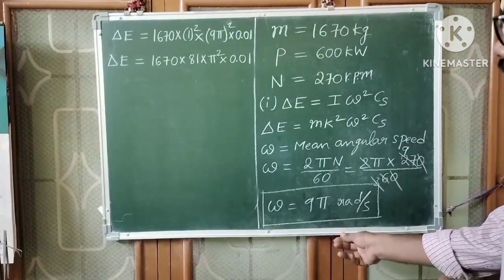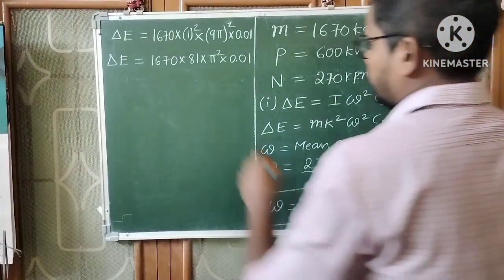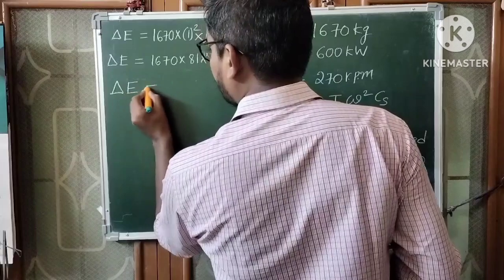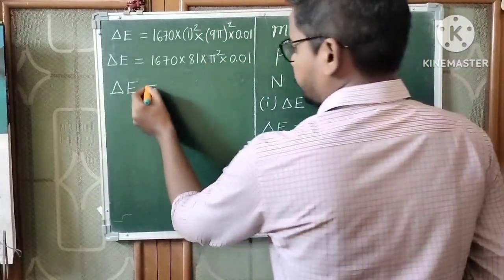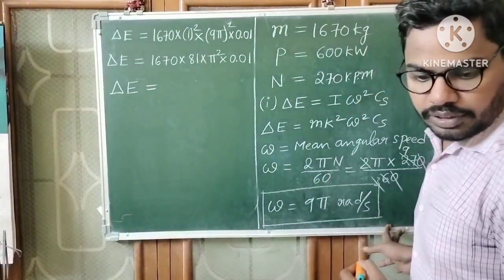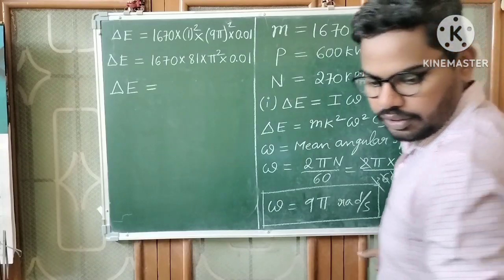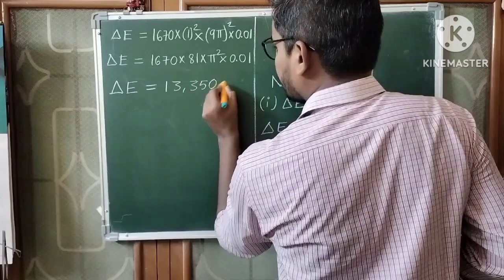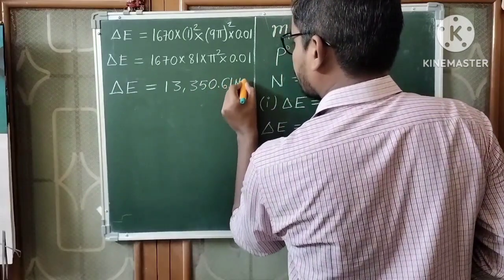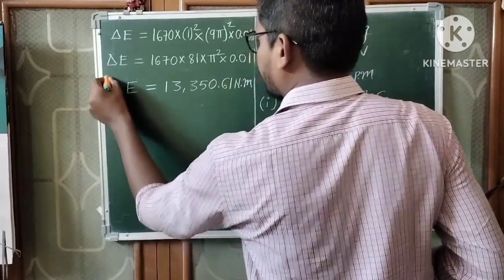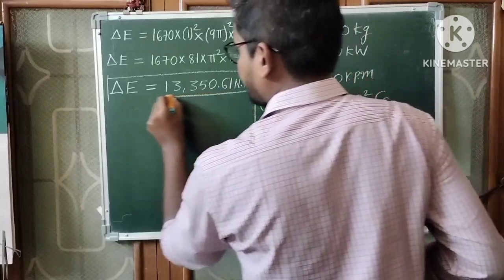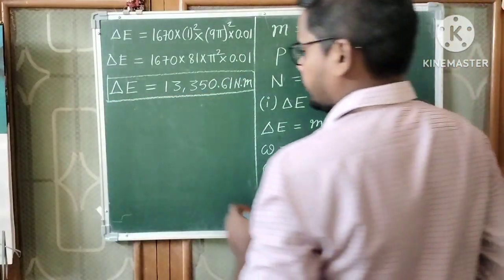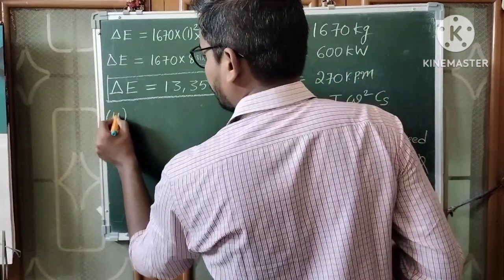If you calculate, you will get approximately the final value as 13350.61 Newton meters. This is the maximum fluctuation of energy in the flywheel. So first question answer: 13350.61 Newton meters.